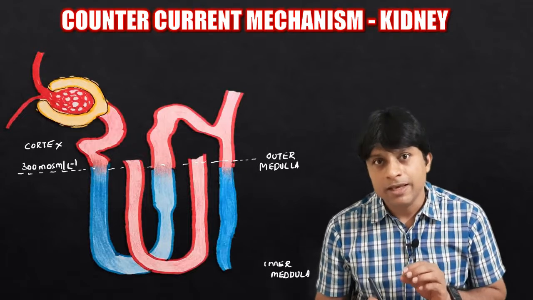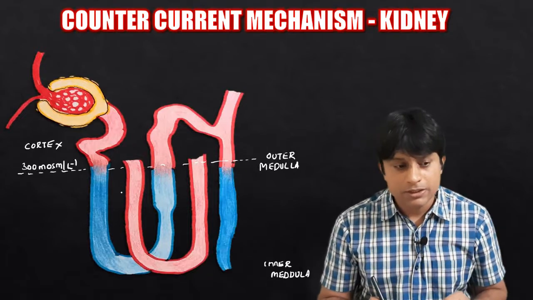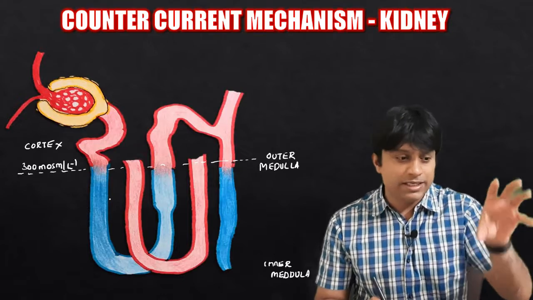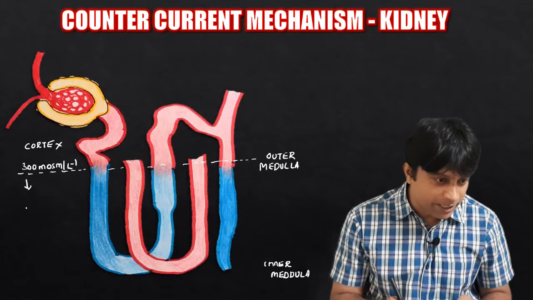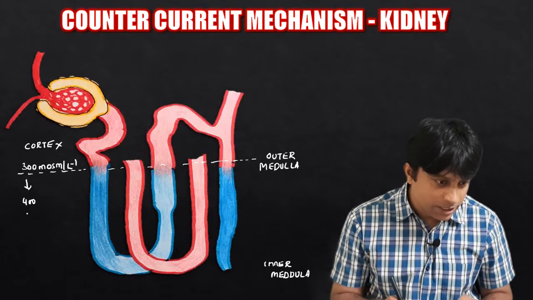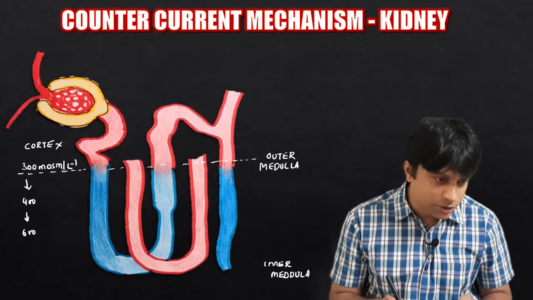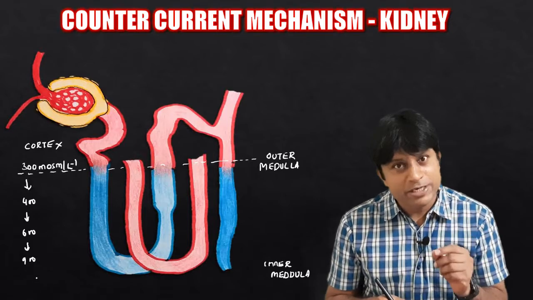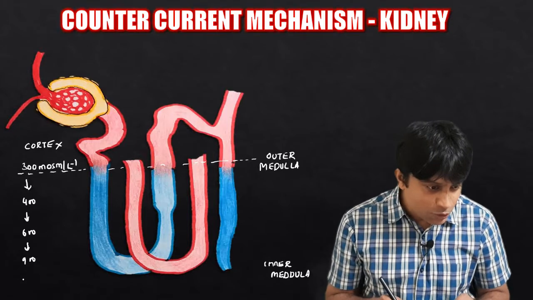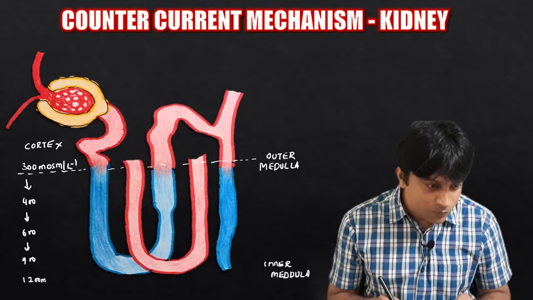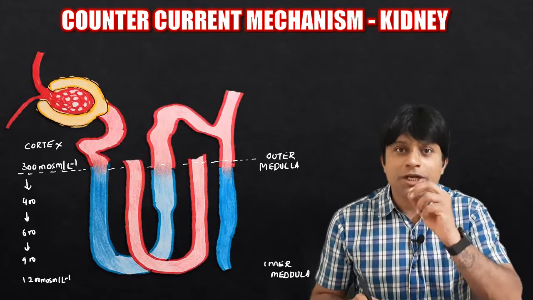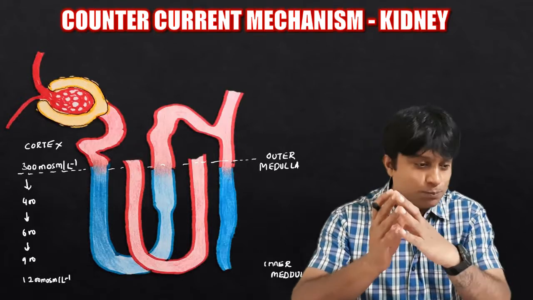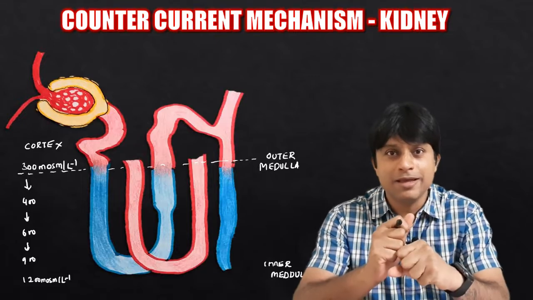This is a unit in which we measure osmolarity. In the medulla it keeps increasing: 400 milliosmoles, 600, 900, and in the inner medulla it is going to be around 1200 milliosmoles per liter.